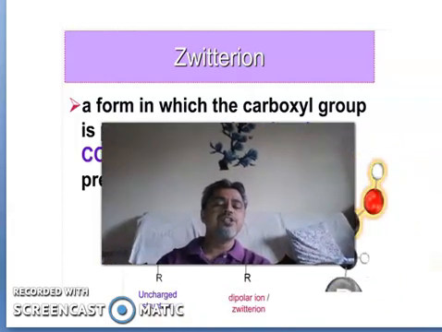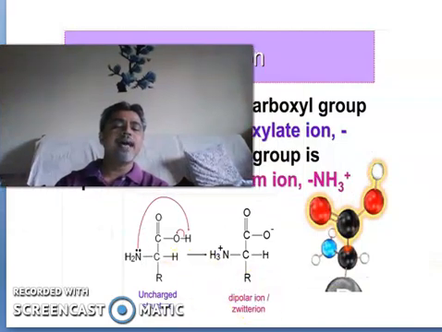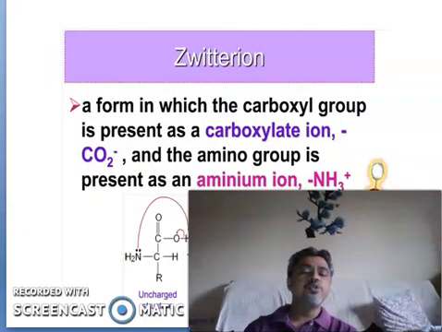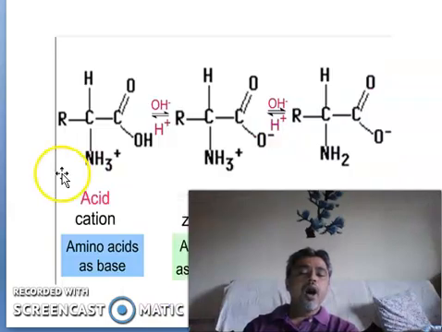So the structure is overall uncharged and dipolar. Both positive and negative charges are present, negative through the carboxyl group and positive through the amino group. So it is called a zwitterion.